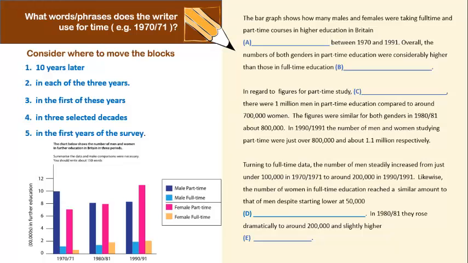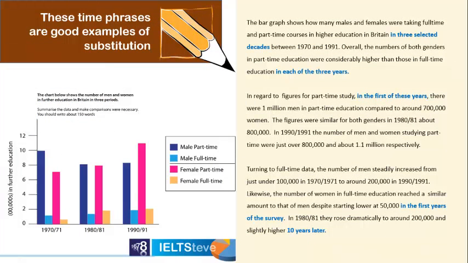And so here are the answers. So this is good use of substitution for time, and it's quite an easy thing to do in a bar chart or a line graph. Line graphs almost always over time, so you can use these kinds of time substitution phrases in the first of these years.